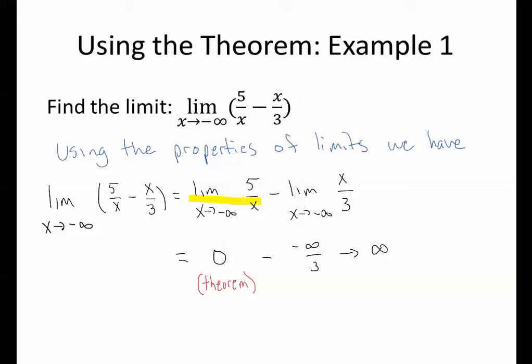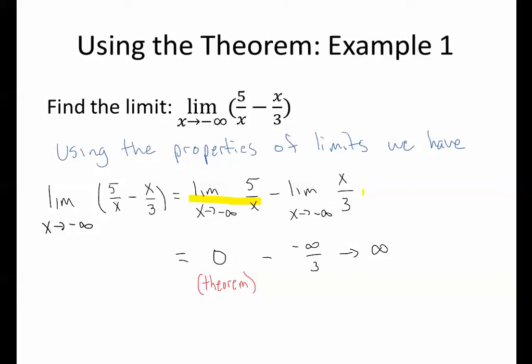A real number divided by x to the first power. As x goes to infinity, my value becomes 0. Subtract. My second limit as x approaches negative infinity. Although negative infinity is not an actual number, it's a symbol for all numbers smaller than any number you can think of.